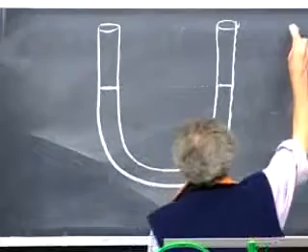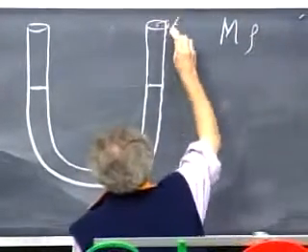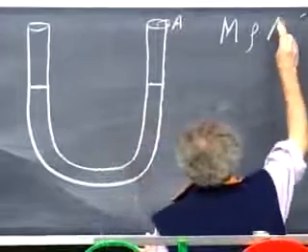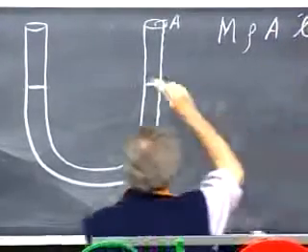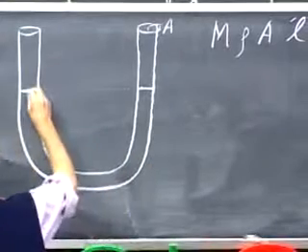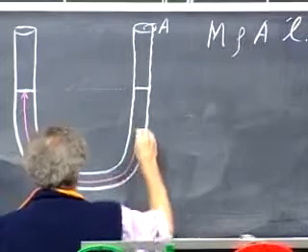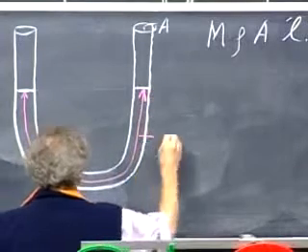And the liquid has mass m, it has density rho, the area of the tube is A, and the length of the liquid is L.